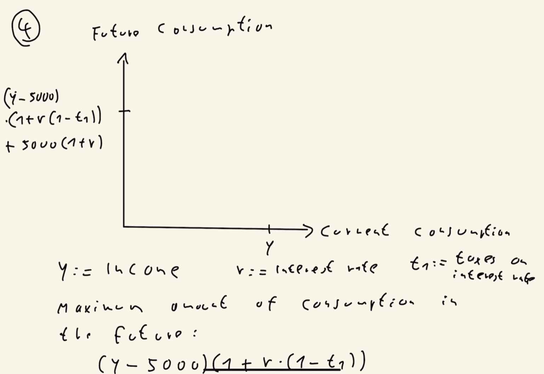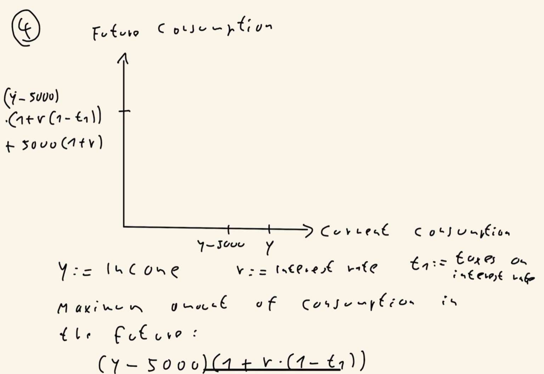There is one other thing that we need to consider: the slope of this budget constraint changes depending on how much we are saving. Y minus 5,000 is a point where there is a change in the relative price of future consumption versus current consumption, because if we save more than $5,000, we have to pay taxes, whereas before we don't. So there will be a kink.